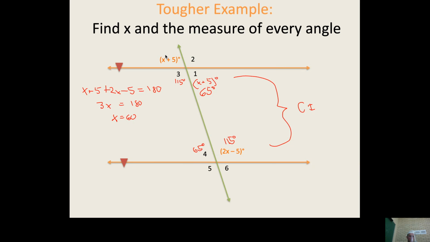This corresponding angle is 65. This corresponding angle is 65. This angle corresponds with angle 2, so it's 115, and its alternate exterior angle is 115.